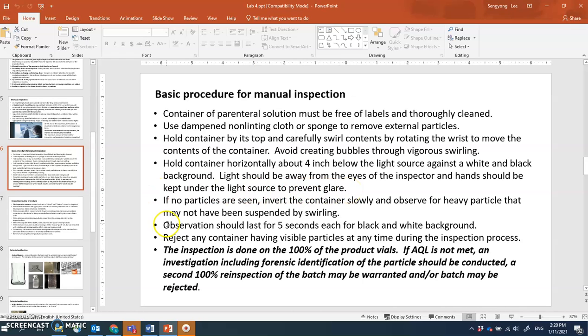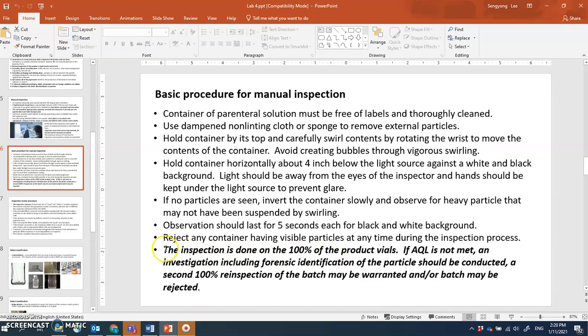If no particles are seen, invert the container slowly to observe any particles that may have been suspended by swirling. Observation should be only about 5 seconds each for the black and the white background. Reject any container having visible particles at any time during the inspection process.